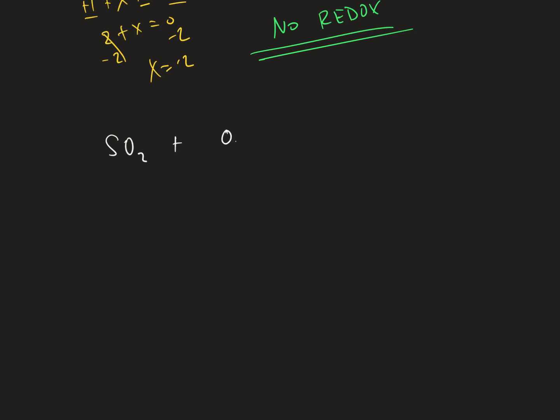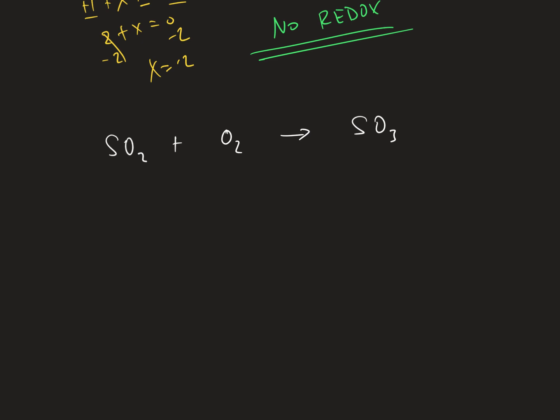Plus oxygen gas gives us, what does it give us? What is that called? Sulfur trioxide. Yeah. Okay. All right, this is not a double replacement, so it looks like it should be an oxidation reduction reaction. So let's determine what the oxidation numbers are.